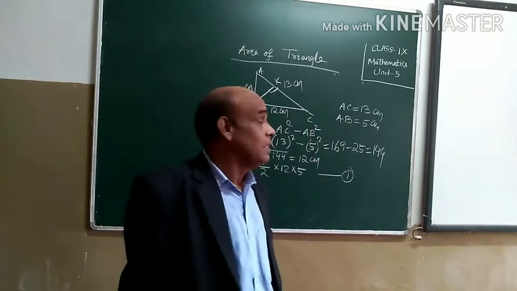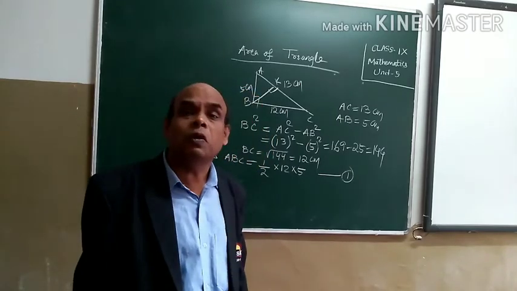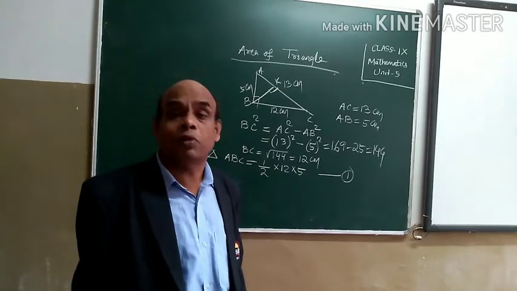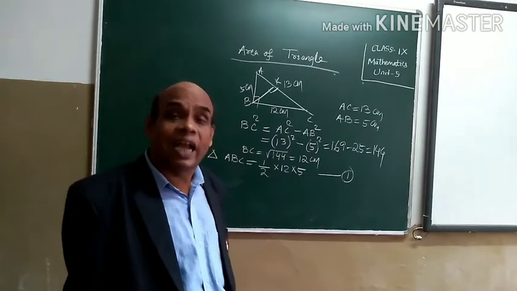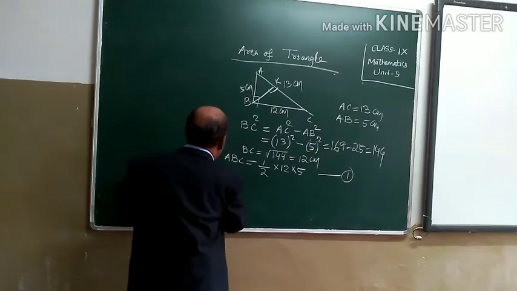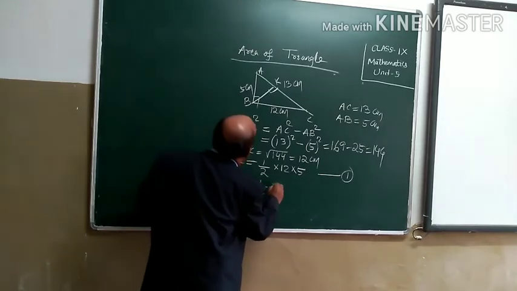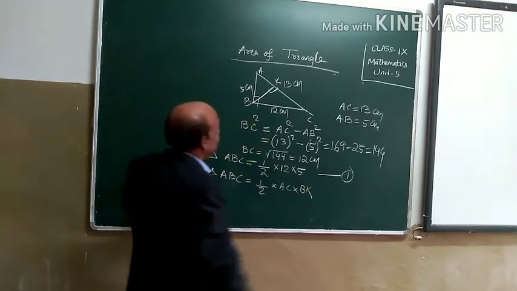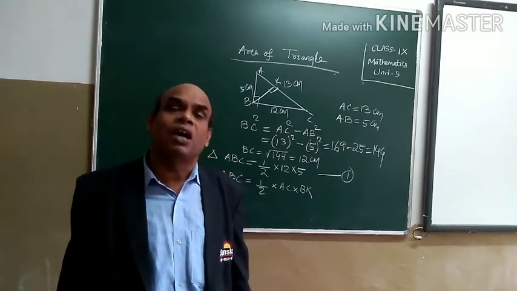Again listen, if AC is base and BK is height, then the area of the triangle ABC will be half into AC into BK, because I told you to take AC as base and BK as height.